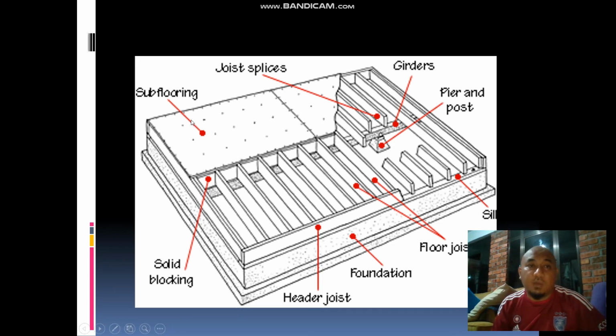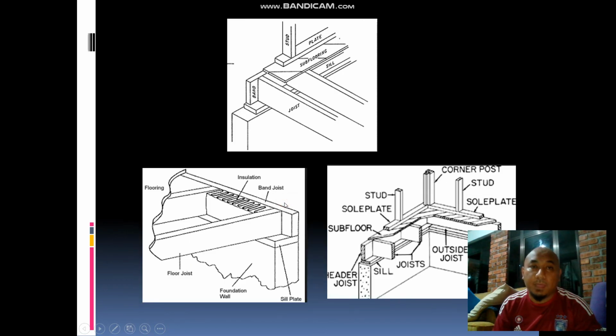Okay, so they have the subflooring, they have the joist splicers, they have the girder behind these splicers, they have the piers and posts, they have sills, and then they have the floor joist, foundation, header joist, and solid blocking.